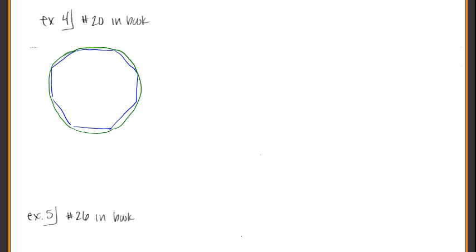What we want to find is the radius, the distance from there to there, or there to there. You can see we've got several radiuses going out to each of the vertices, because that's where the octagon touches the circle.